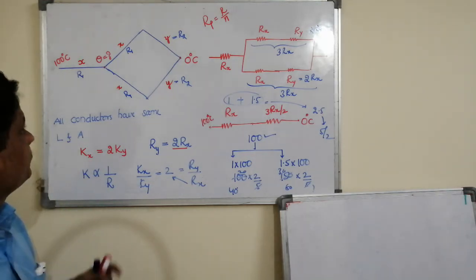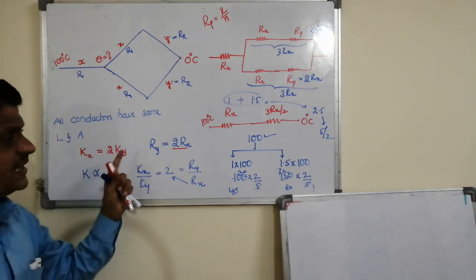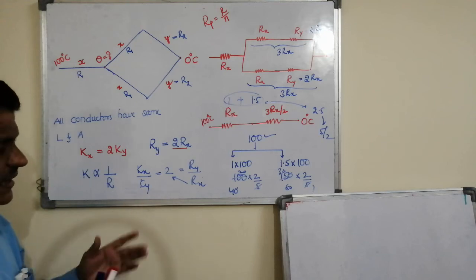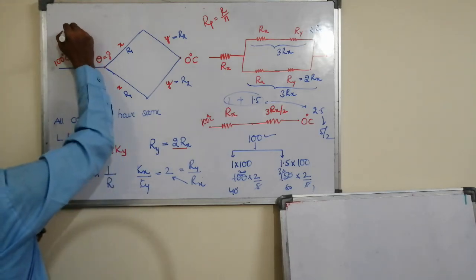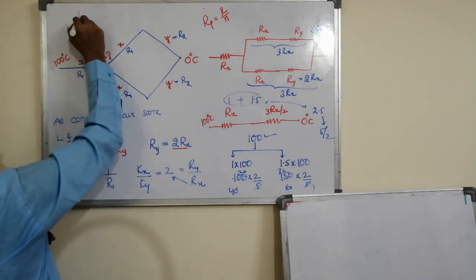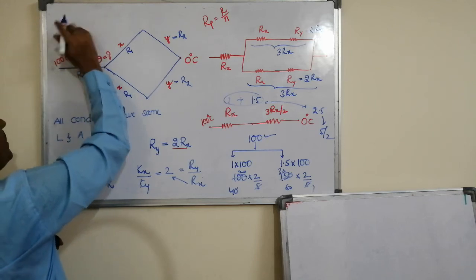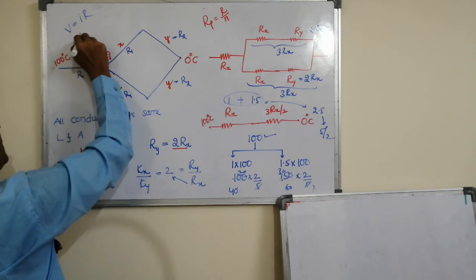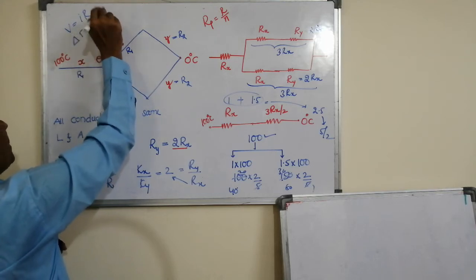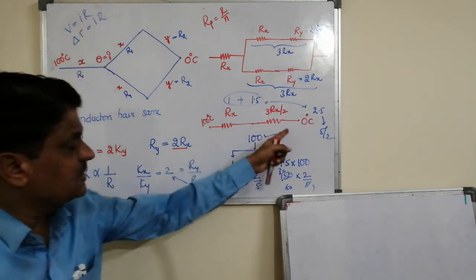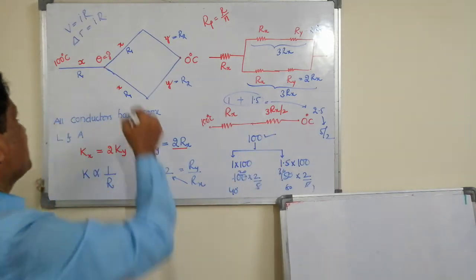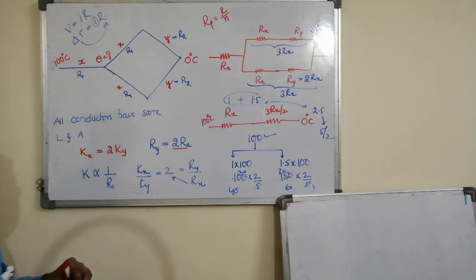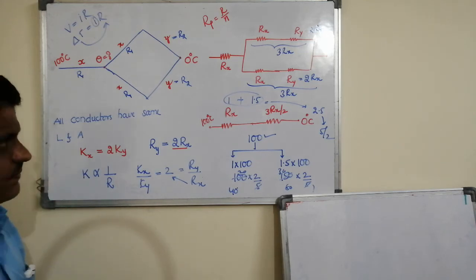As you know, resistance and temperature difference are directly proportional, because I is equal to V by R, V is equal to I into R. Here delta T is equal to I into thermal resistance. Since in both cases the current remains the same, the temperature difference is directly proportional to the resistance.